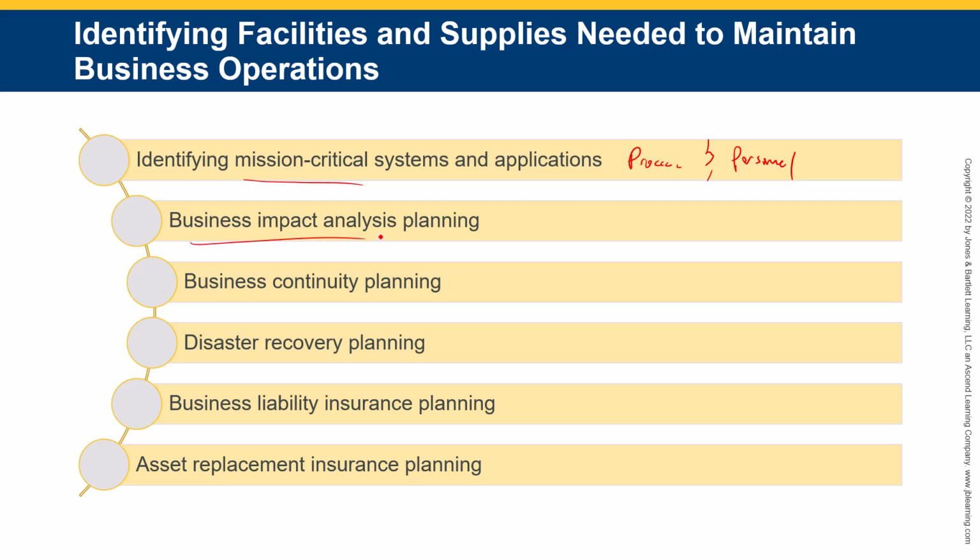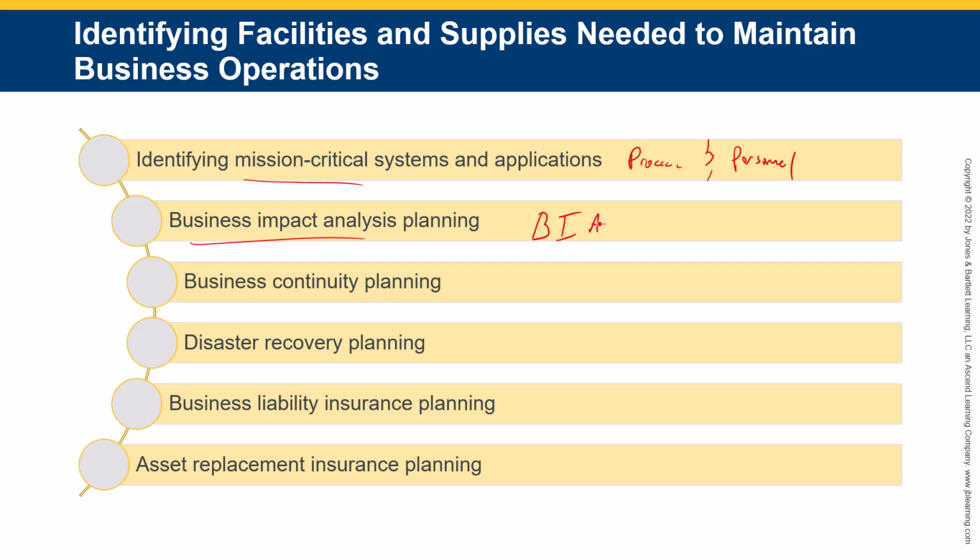A business impact analysis, a BIA plan. That way, we understand what systems, applications, processes, and personnel are the most critical in appropriate order. That way, in the middle of an emergency, we can go, oh, these 2 systems are down.